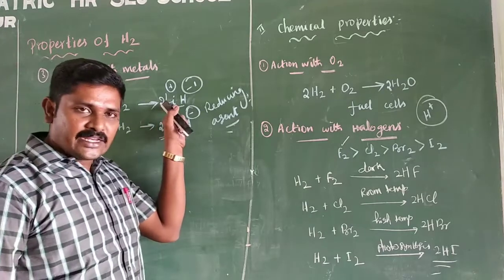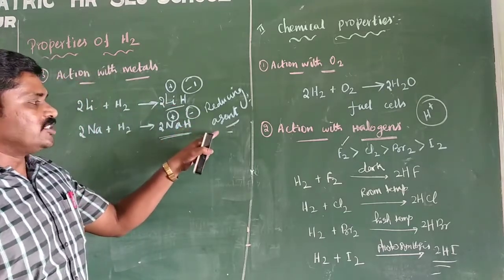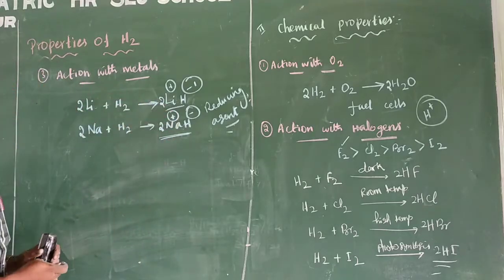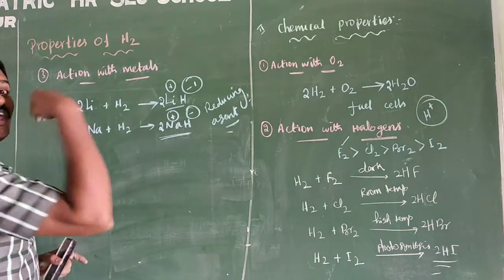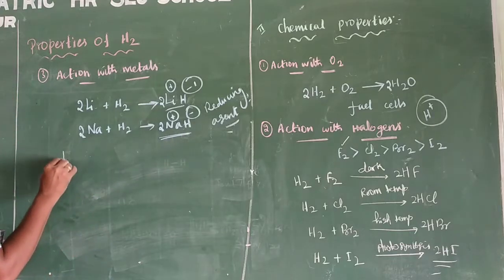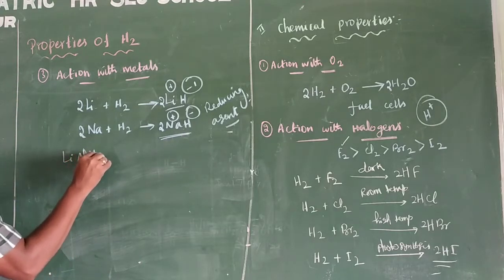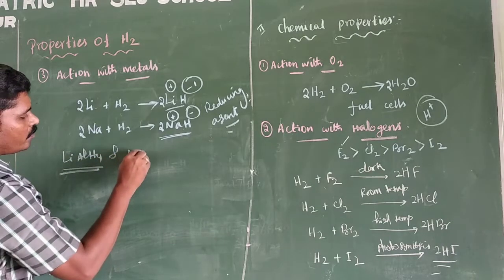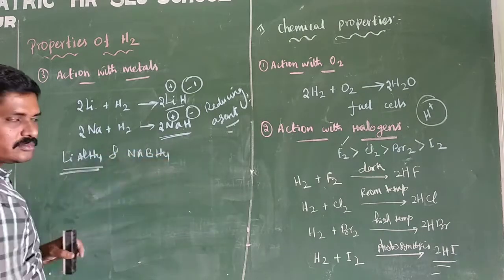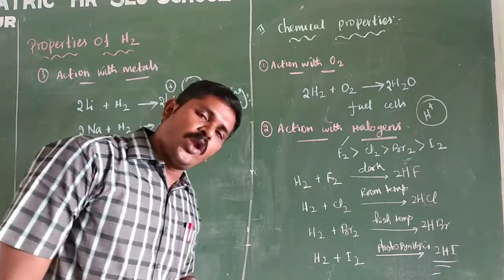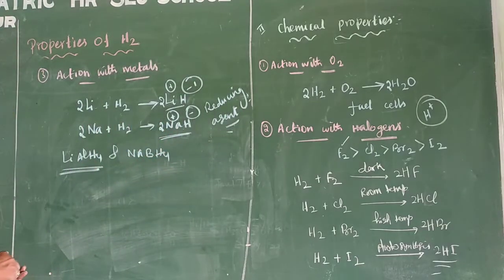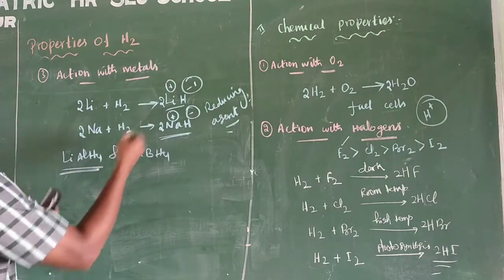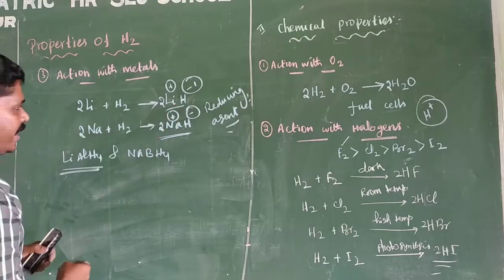Metal hydrides are also used to prepare other reducing agents like lithium aluminum hydride and sodium borohydride. Write the preparation of lithium aluminum hydride and sodium borohydride from metal hydride.